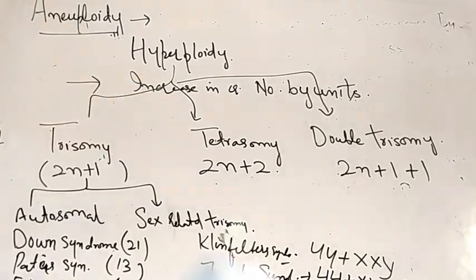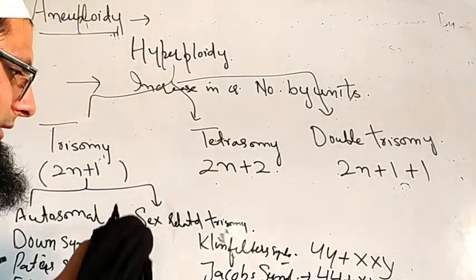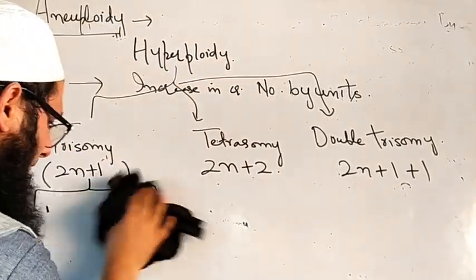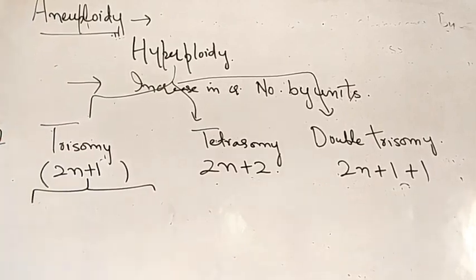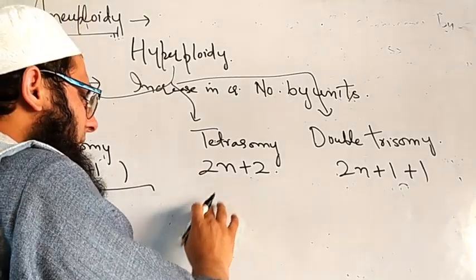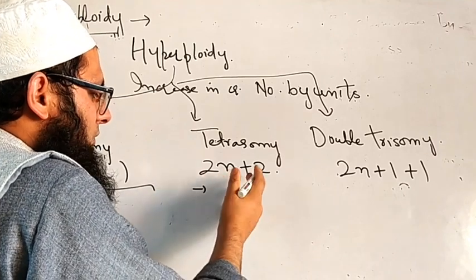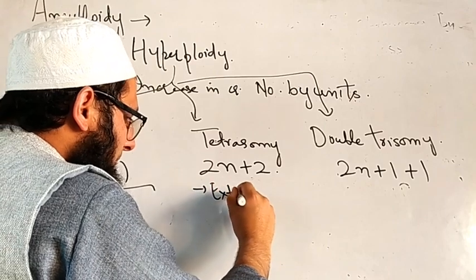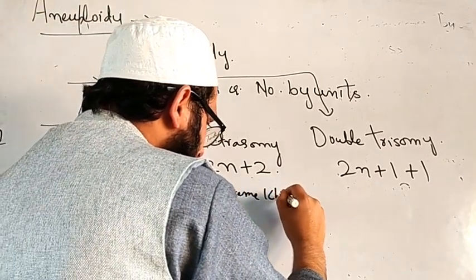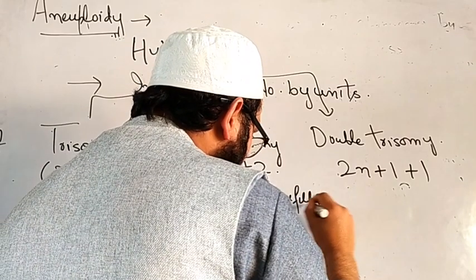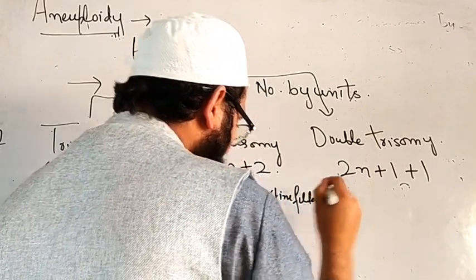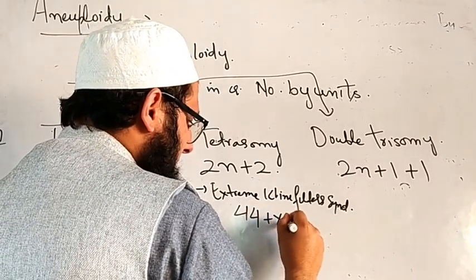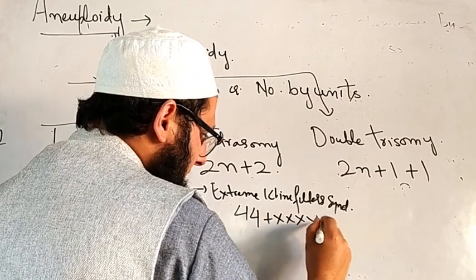Okay, let me rub it off so that we can give examples of tetrasomy here. In case of the tetrasomy, examples are, for example, we have here extreme Klinefelter syndrome in humans. That means the condition will be 44 plus XXXY.